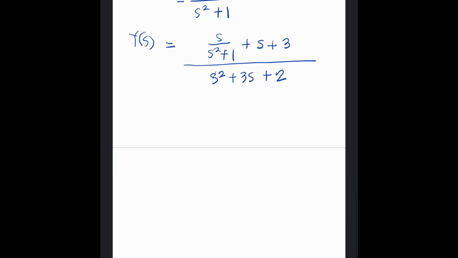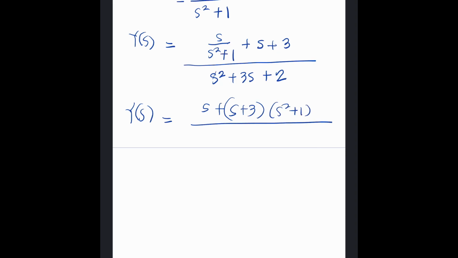So let's simplify. This becomes s, okay, plus s plus 3 multiplied by s squared plus 1 all over s squared plus 1 multiplied by s squared plus 3s plus 2.